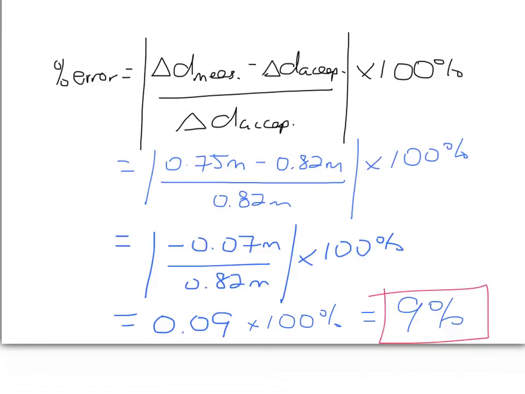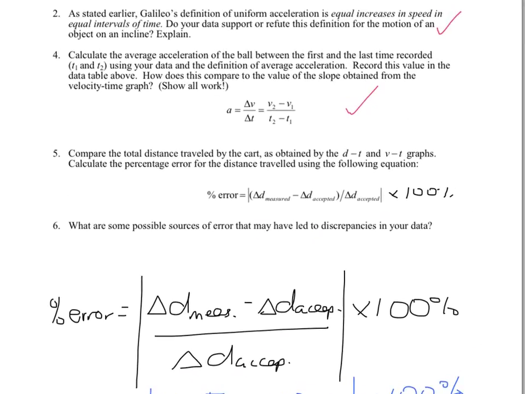Now, naturally, for you guys, you're not going to use these values. You're going to use the values that you obtained from your data table. So if I go back up to question number 6 now, let's just check off number 5, so that shouldn't be a problem. Number 6, what are some possible sources of error that may have led to discrepancies in your data? All you have to do now is come up with 2 or 3 different reasons as to why your values for delta D measured or delta D accepted were not quite the same.